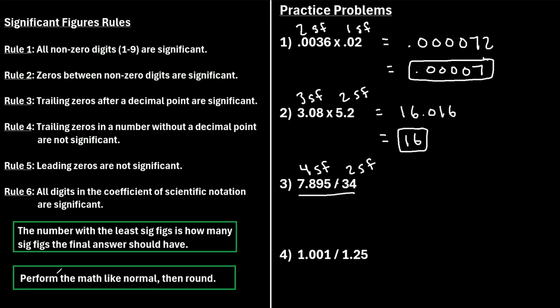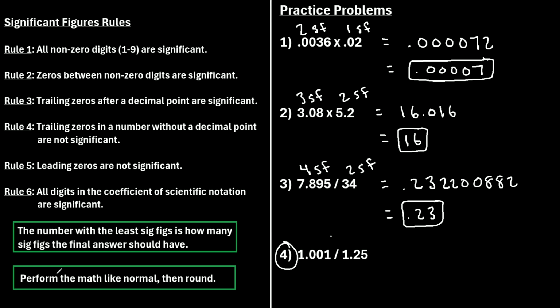So if you punch this into a calculator, here's what you get. So we get this long decimal here. And remember, we only want to write this answer with 2 significant figures. So the first 2 significant figures in this number are the 2 and the 3. So if we take a look at the second significant figure and analyze the number that comes after it, this 2 tells us we don't need to round this 3 up to a 4. We can keep it as a 3. So our final answer is just going to be 0.23. And this answer has 2 significant figures.